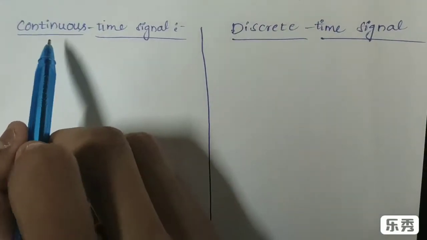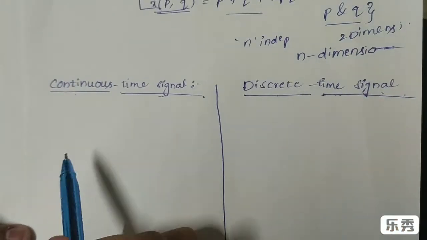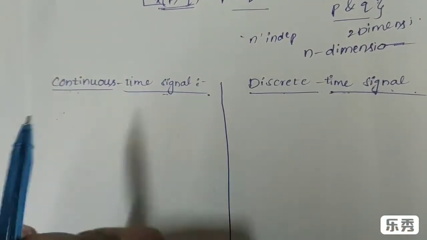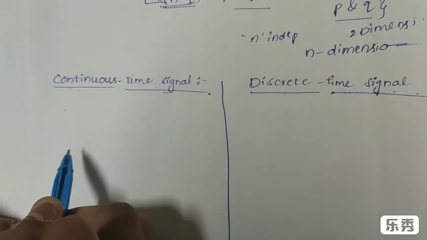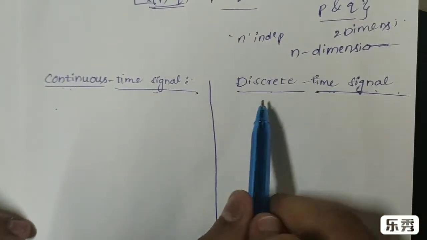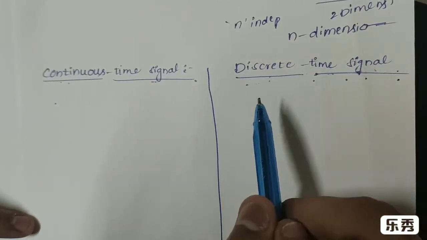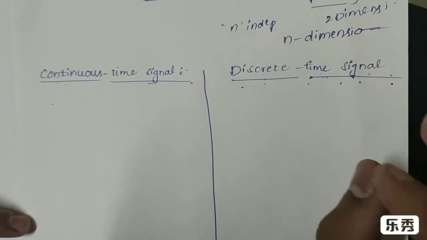Now come to continuous time signal and discrete time signal. In a continuous time signal, the signal is defined for every instant of time, but in the case of a discrete time signal, the signal is defined for only certain instants of time.